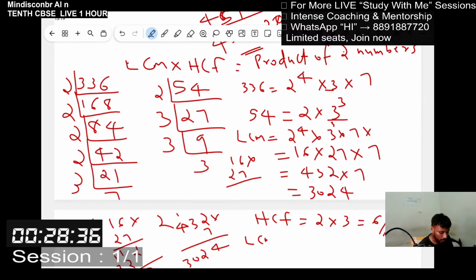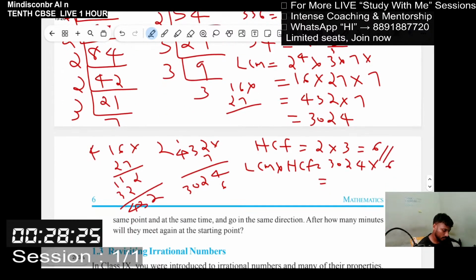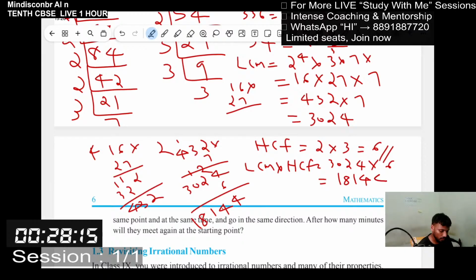So LCM into HCF is equal to 3024 into 6, which is 18144.